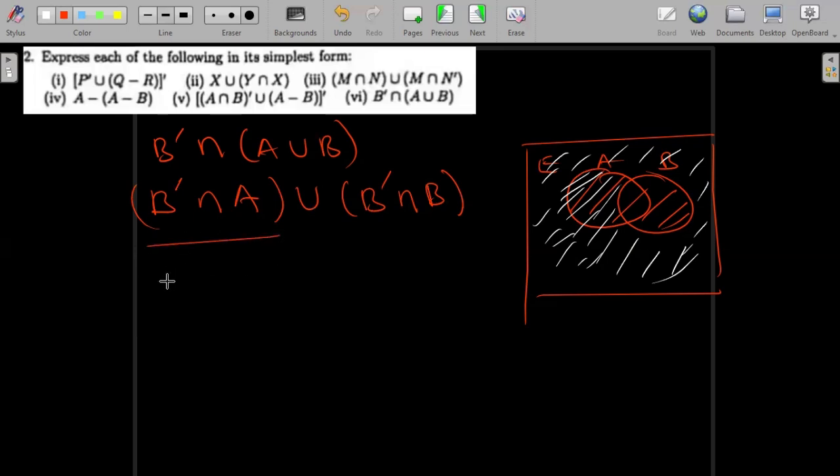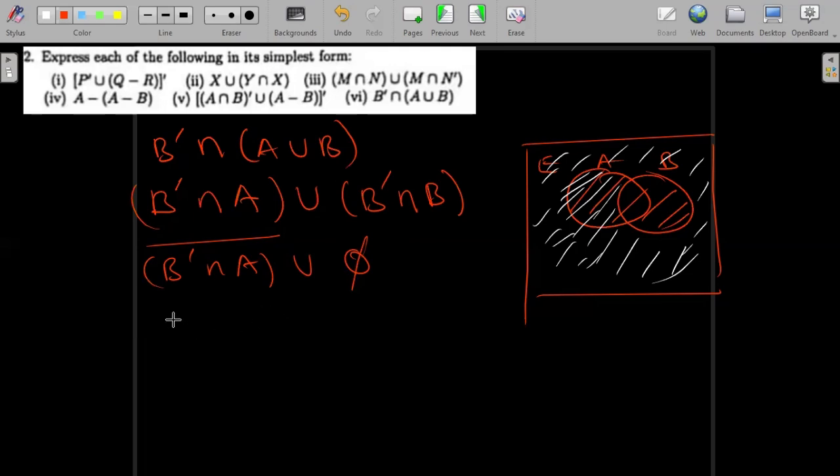Because when you look at this, your B complement intersect A here will come, but union here, B complement intersect B. The set B complement and the set B do not intersect anywhere. That is an empty set. So which means that union here, we're uniting the empty set.